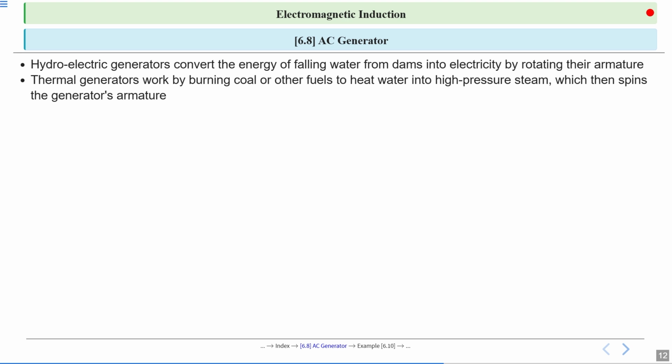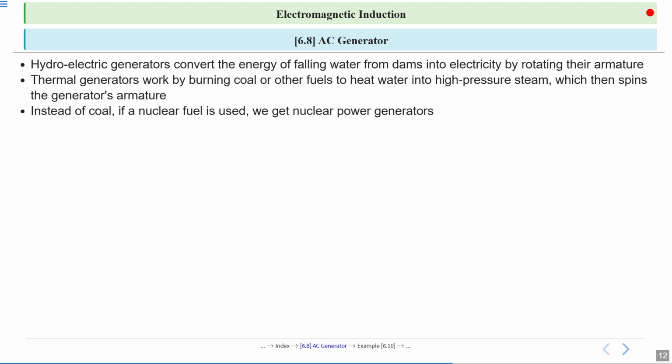Okay, there is a turbine or shaft having some blades. This high pressure steam is thrown on the blades of the shaft, due to which it starts rotating, and the armature connected to that shaft also starts to rotate. Due to its rotation or spinning, electricity is generated. So this is known as thermal generators.